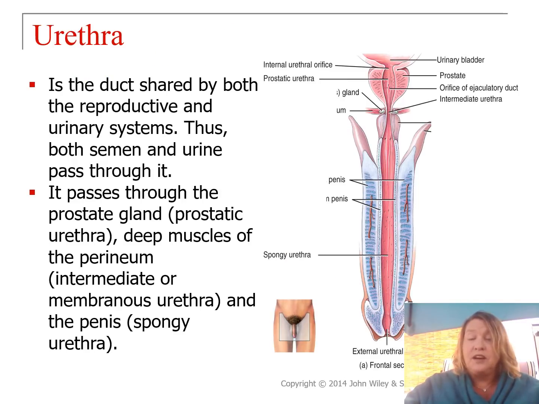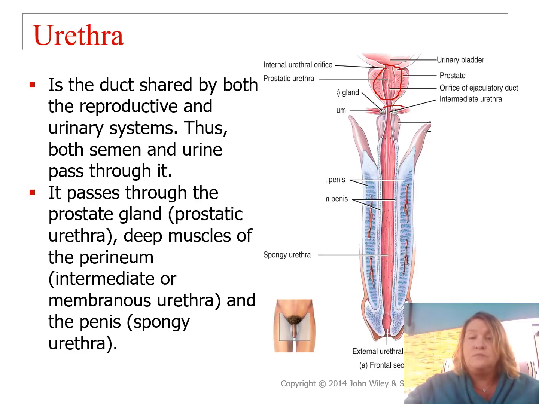Now, the urethra, we learned during the urinary system, has 3 different portions, and remember that it's shared between the reproductive as well as the urinary system. It will pass through the prostate gland. We have that passing right here.